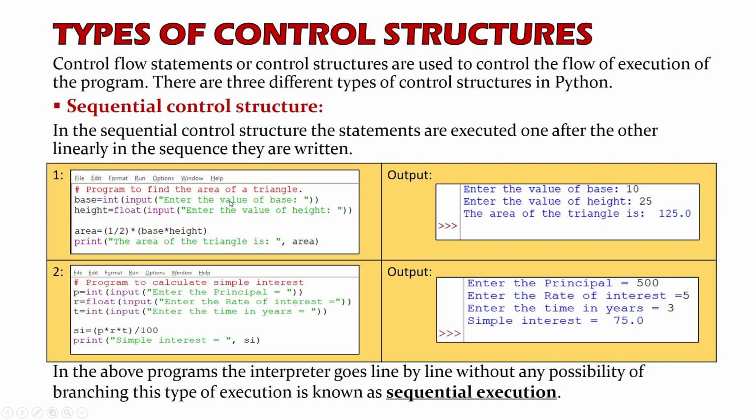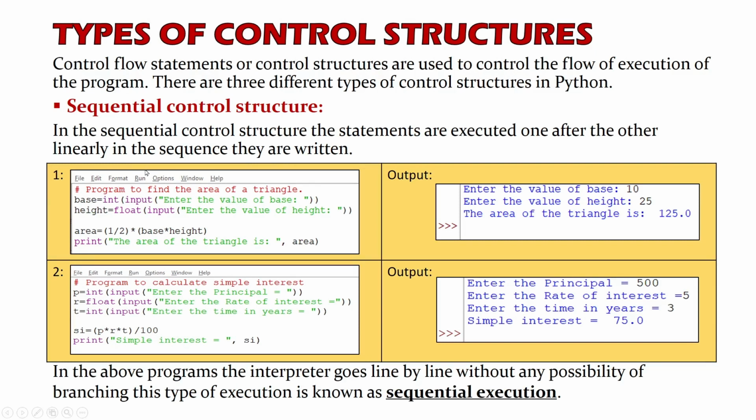We convert that input into integer, and then in the second statement we will accept the value of height, and then on the basis of these two values we will calculate area as half base into height, and we will print the area along with the message, the area of the triangle is. So our flow is moving from accepting base, then accepting height, then calculating the area, and then printing the output, that is area, with the message.